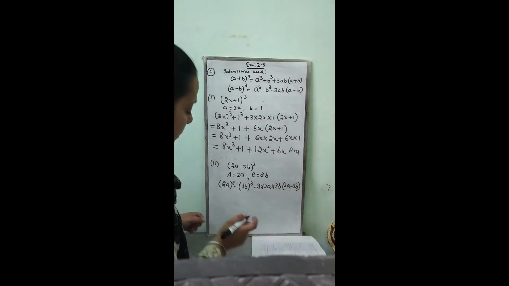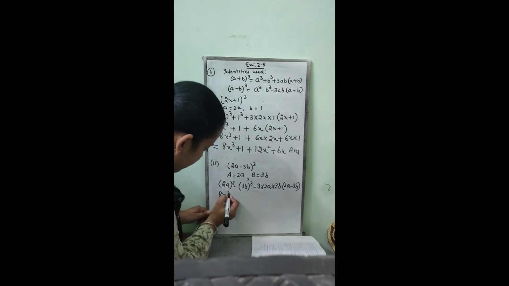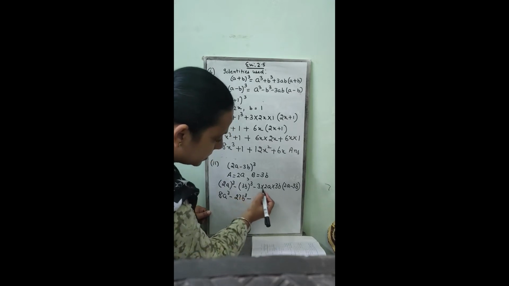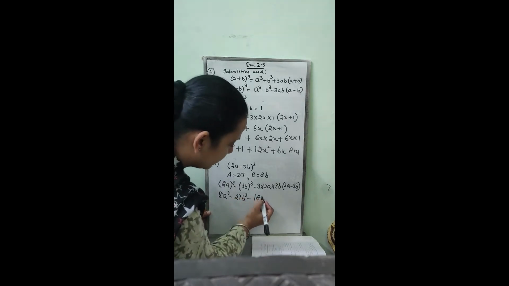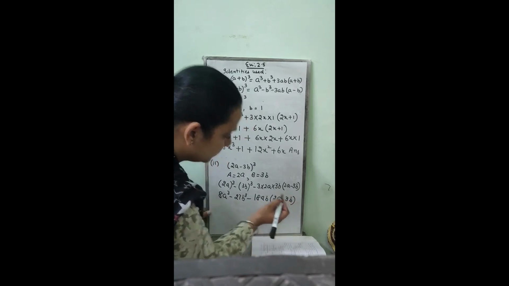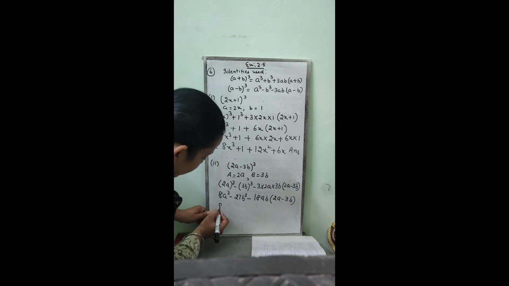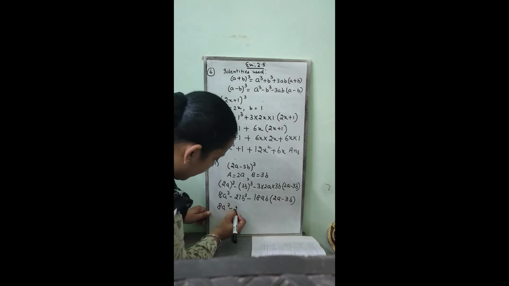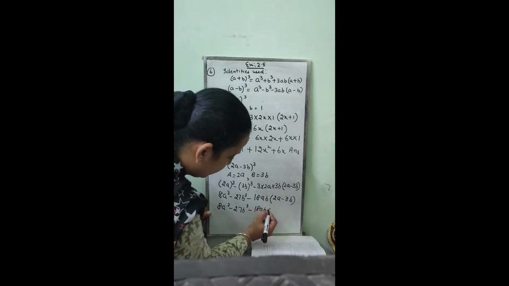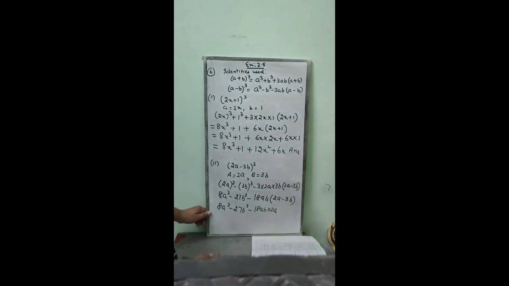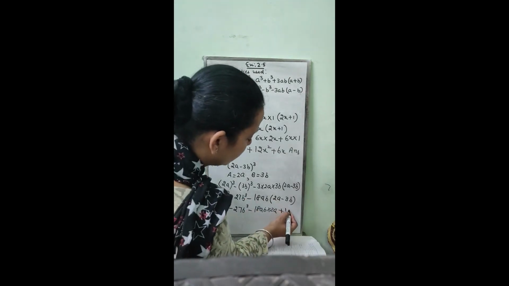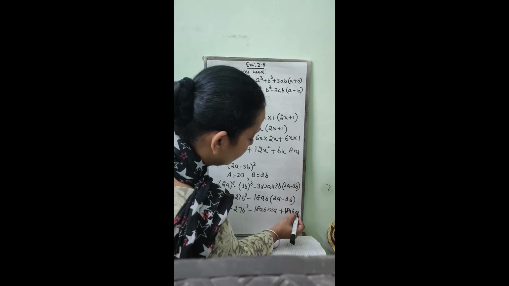2a cube is 8a cube, 3 cube is 27b cube, minus 3 2s are 6, 6 3s are 18, ab into (2a minus 3b). When you multiply the statement outside the bracket, you will get 18ab into 2a, minus minus plus, 18ab into 3b.